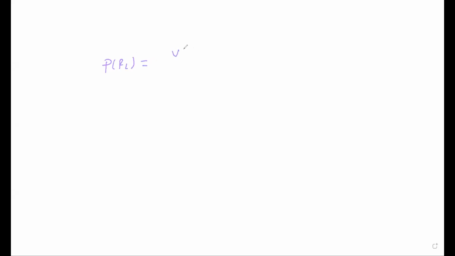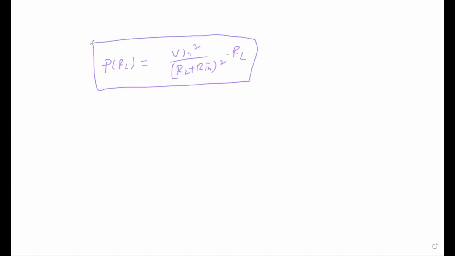It is equal to V_TH squared divided by (R_L plus R_TH) squared, multiplied by R_L, isn't it? Yes, sir. You can verify this if the values of R_L and other things are available to you. R_L is variable, then we can easily apply any one of the algorithms that we learned for first order cases to find the maximum value, the value of R_L where power becomes maximum. Now it is one dimensional in this case, isn't it?